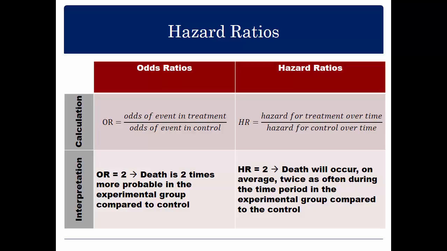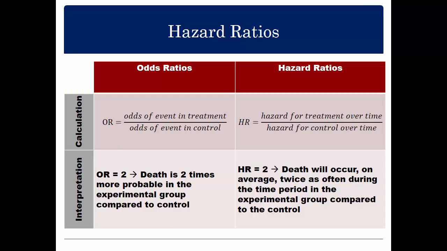Now, if your purpose is to say what is the benefit in the 1 year window, then the hazard ratio will give you an average benefit. But when you average out, you might be missing something. If you're interested in identifying early or late benefit, you would need to narrow your window down to earlier periods and later periods, and you could potentially compute hazard ratios for those time periods and get a more meaningful interpretation of any treatment effect that you have.